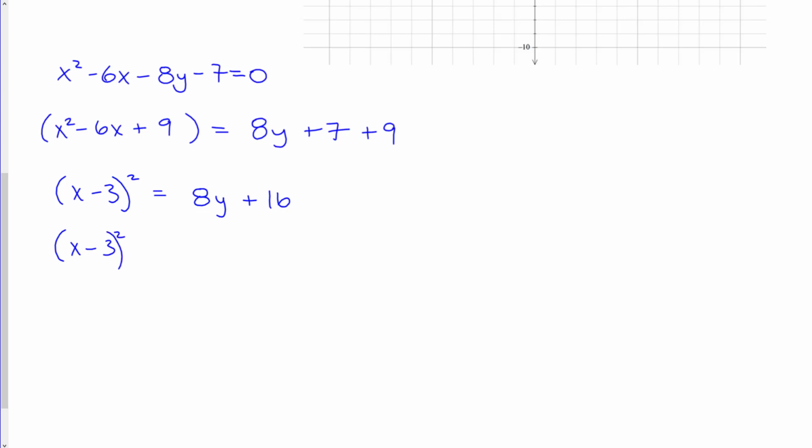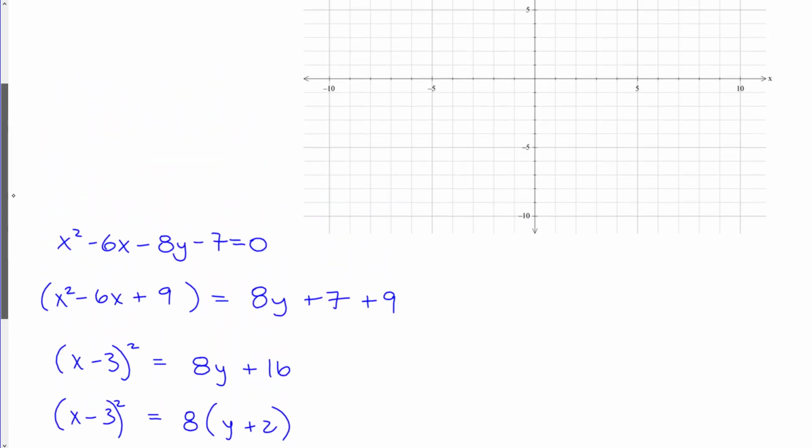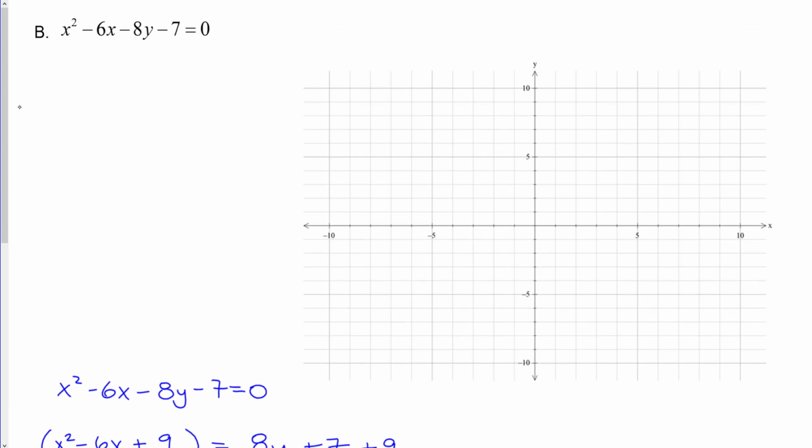And I can factor out an 8, so that'll leave me with y plus 2. So there's my form of the parabola: (x − 3)² equals 8 times (y + 2).